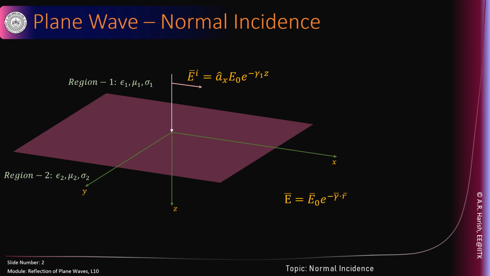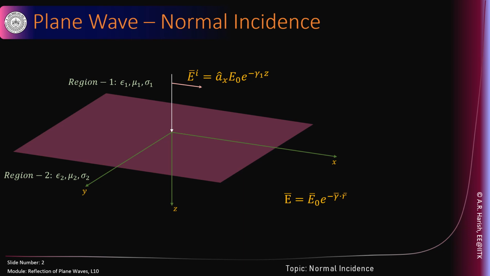If the plane wave is propagating in the z direction and impinges onto the surface z equal to 0, which we call normal incidence, the electric field can be anywhere in the plane parallel to the xy plane. For convenience, we are going to choose the electric field to be x polarized. The wave is linearly polarized and the electric field is x oriented.